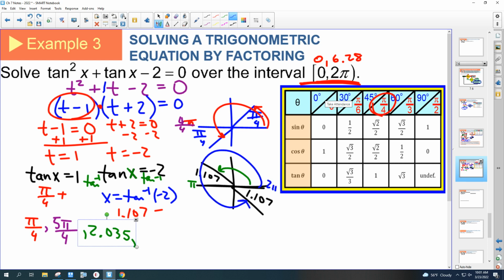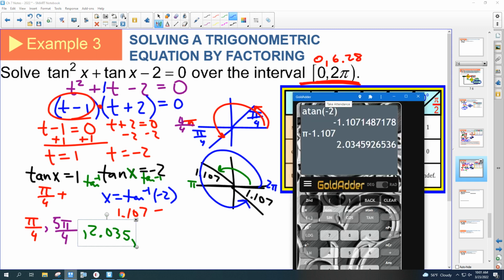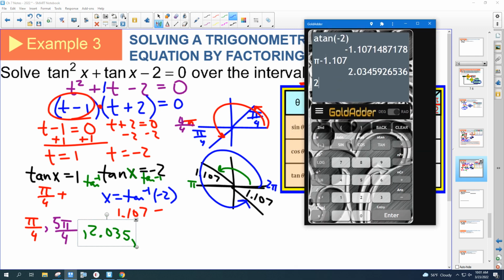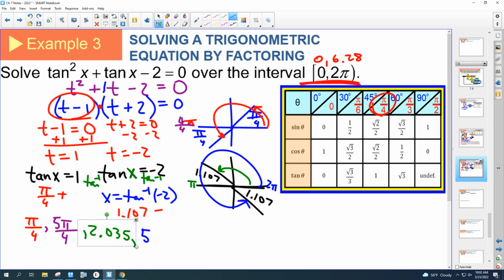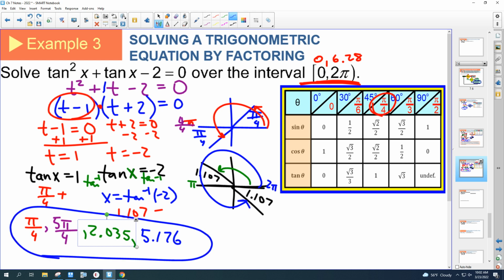And so guess what? 2 pi minus 1.107 is 5.176. Again, we're looking at a number between 0 and 2 pi, right? 0 and 6.28. Those are your answers.